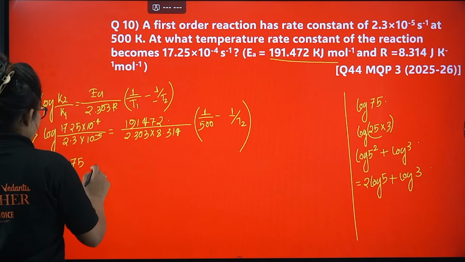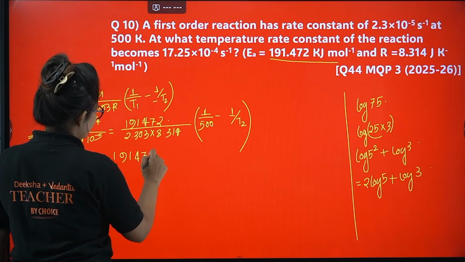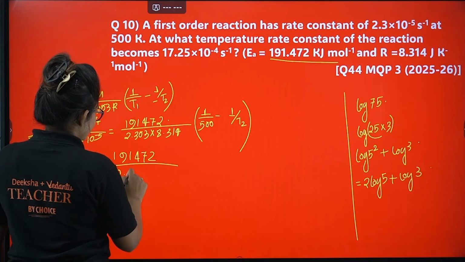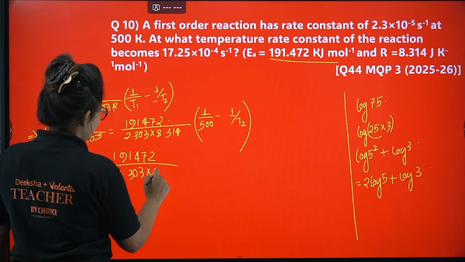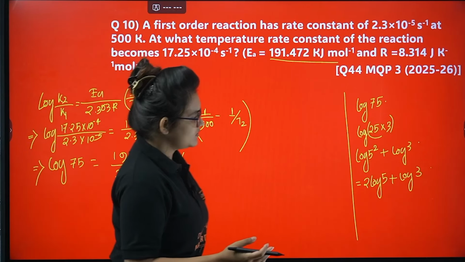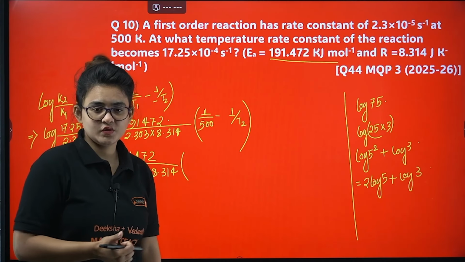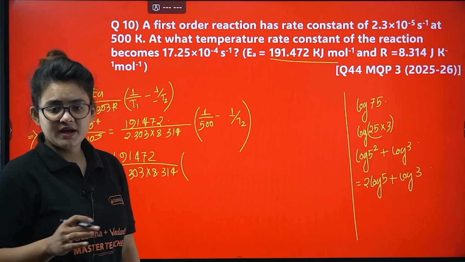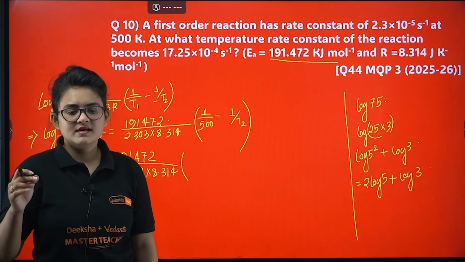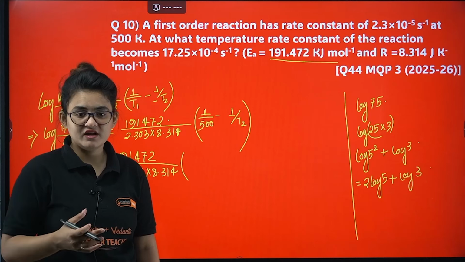So log 75 equals 191472 divided by 2.303 into 8.314. Anyway, the log table will be supplied. If you can directly put the value over there, that is also okay, or else the way I told you, log 2, 3, 5, 7. If you remember this much, you can calculate any value.